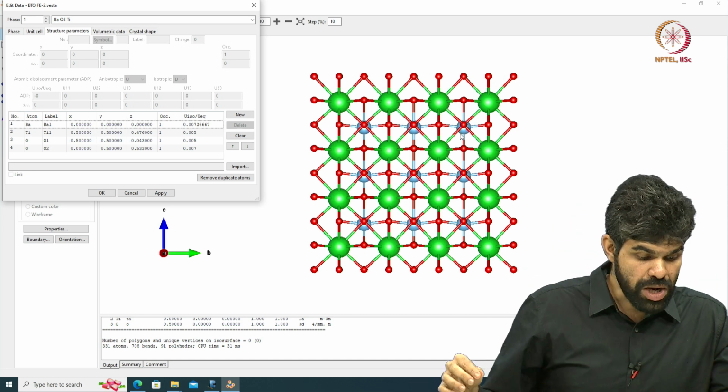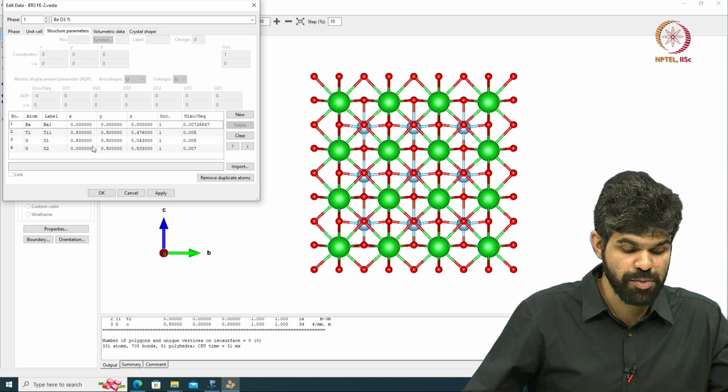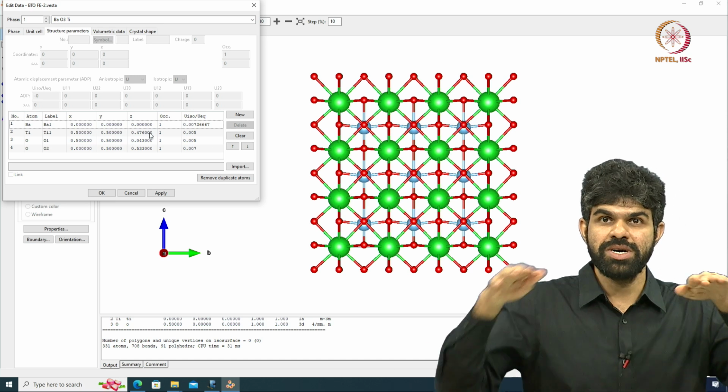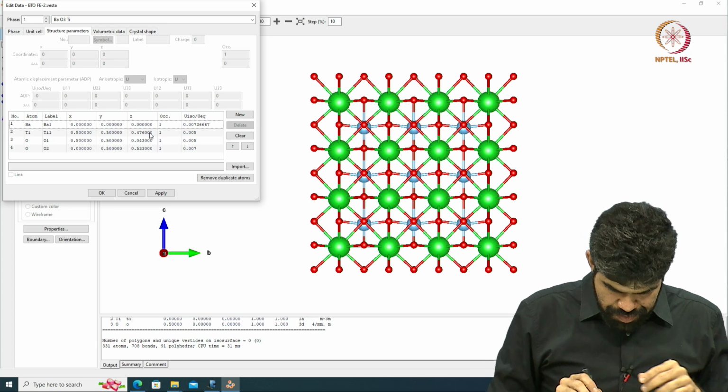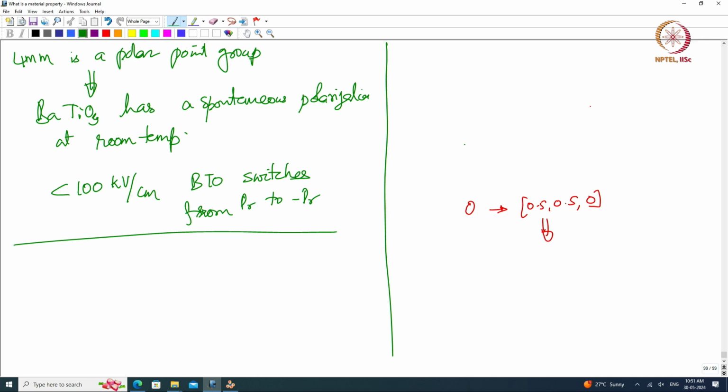Okay. The oxygens on the other hand, right. So oxygens also have some sort of a displacement, they are not exactly at 0.50, right. So let me go back and start with barium at 0 0 0, and this barium is at 1 0 0. Okay. So this barium again is at 0 0 1, and then this barium is at 1 0 1, right, and so on and so forth.